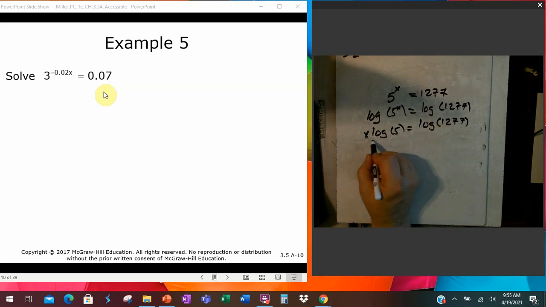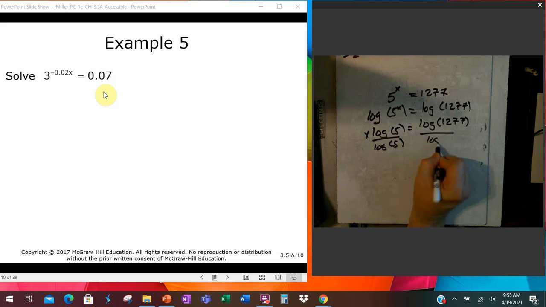And then I solve for x. This is the very same thing that we would get with the change of base from 10.